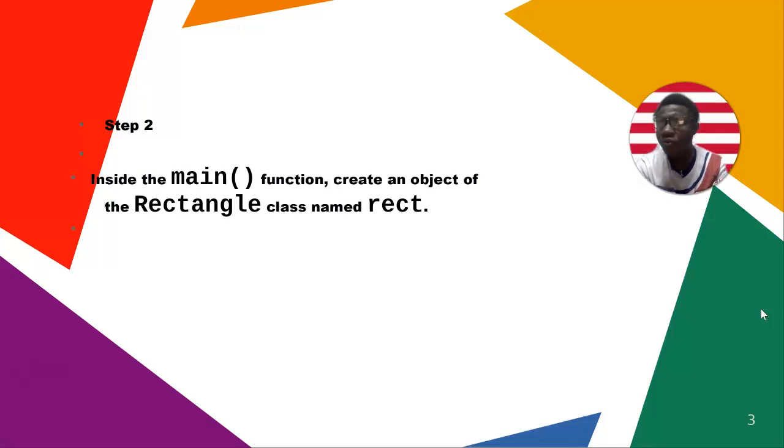In our step 2, inside the main function, we are going to create an object of the rectangle class, named rect. We will create an object of a rectangle.